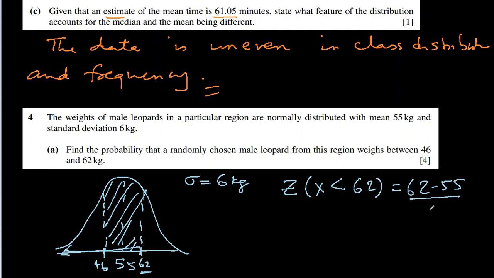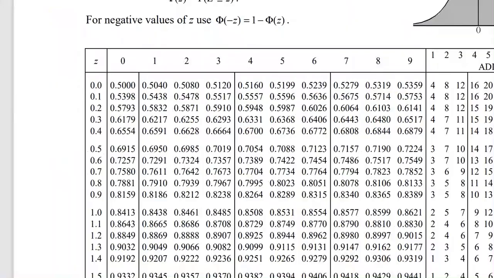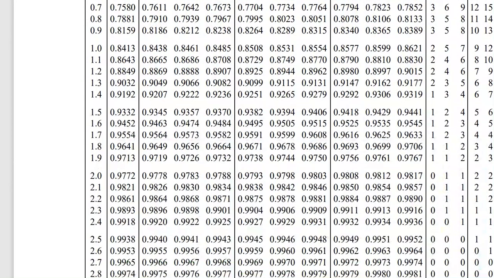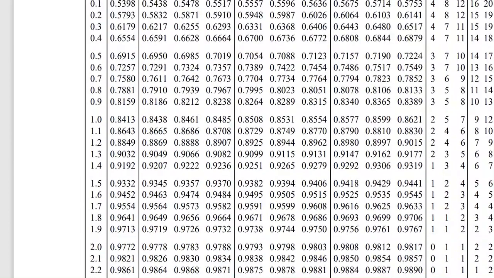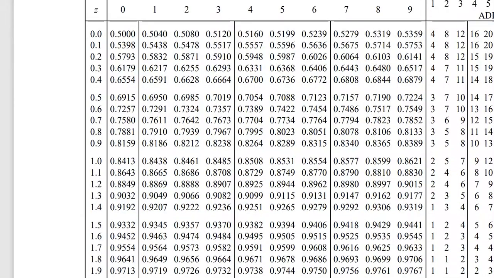So let's find the Z score for X less than 62, which will be 62 minus mean 55 divided by standard deviation 6, which is 7 out of 6, 1.166. And now let me use the normal distribution table. I'm not sure during editing how much will come on your screen, but I'm trying to show it to you. 1.1 is here and 6 will be which column? This one.